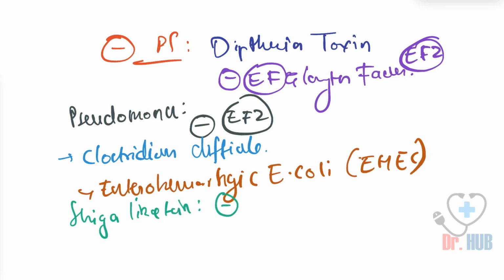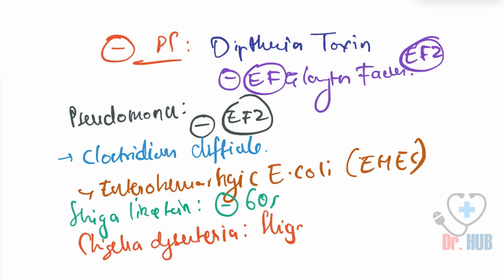What this does is it inhibits the 60S. Next is the Shigella dysenteriae. This is nothing but the Shiga toxin, and this inhibits the 60S.